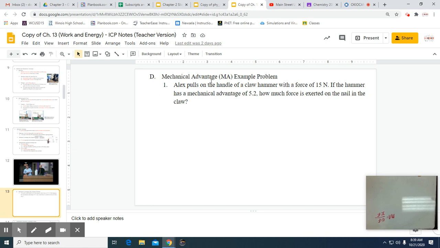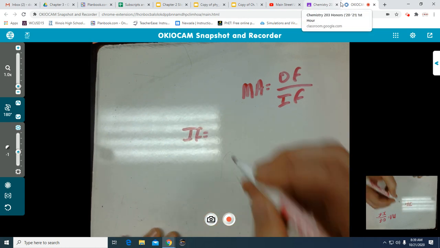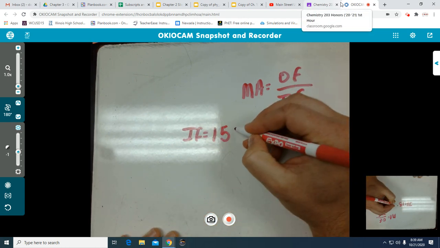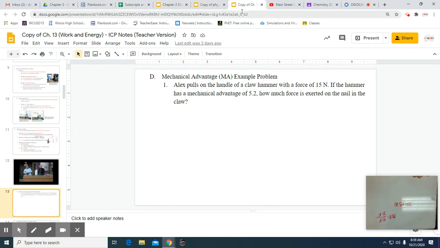Alex pulls on the handle of the claw hammer with a force of 15 newtons. That is the input force. That is the amount of force that Alex is putting into the hammer, the simple machine. I'm just writing down what we are given.